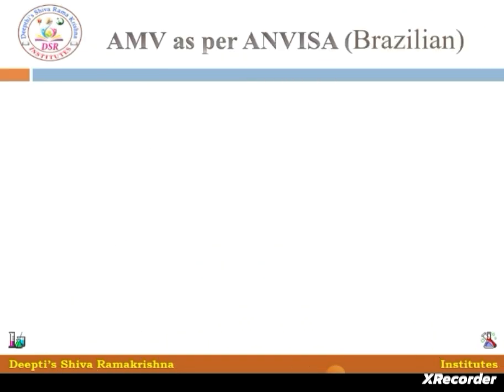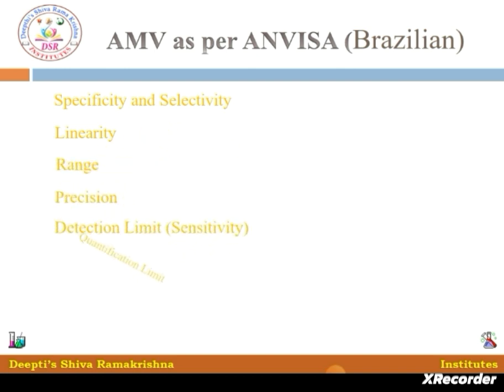Next, the final, AMV as per ANVISA Brazil guideline. This guideline gives specificity and selectivity, linearity, range, precision, detection limit, quantitation limit, accuracy and robustness. These parameters are given as per ANVISA.